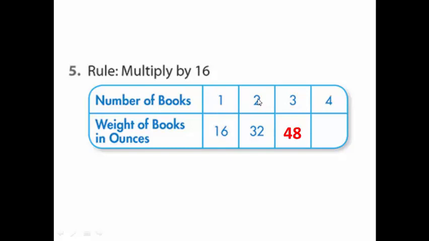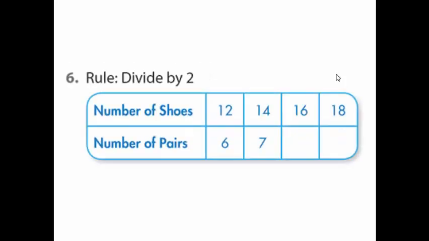We have 2 times 16 equals 32. We have 3 times 16 equals 48. I give you some time, a short time, now to answer this question with me. Oh, you answered. Okay, let's move to the next one.